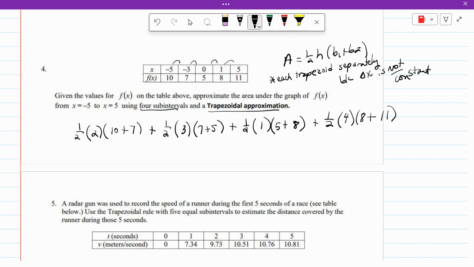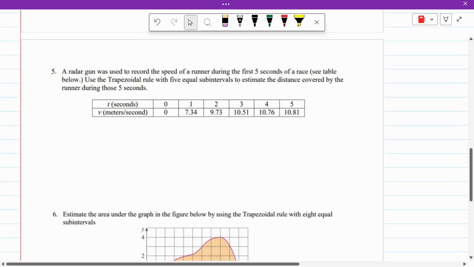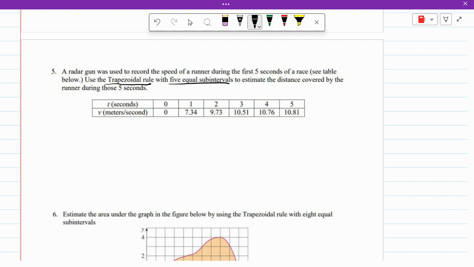Okay, so let's do one more just to make sure everyone's clear. A radar gun was used to record the speed of a runner during the first 5 seconds of a race. Use the trapezoidal rule. I'm going to underline what they're asking me to do. Trapezoidal rule with 5 equal subintervals to estimate the distance covered by the runner. So we know if we're given velocity and we integrate velocity, we're going to get our change in position.